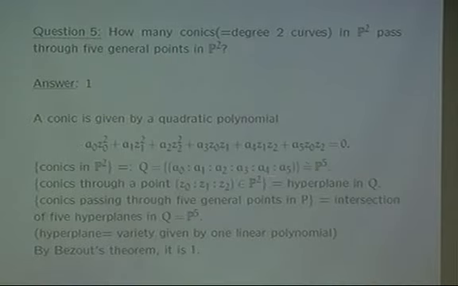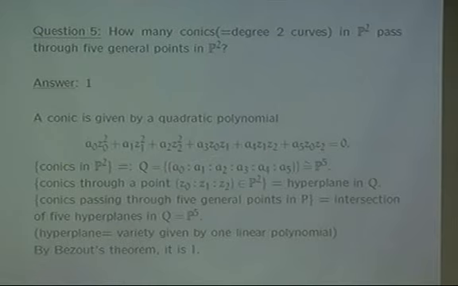So it's P5. Now you think about the constraints. The constraint is that the conic should pass through five given points. Let's think about just one point, z0, z1, z2. Then z0 squared, z1 squared, z2 squared and so on are constants now, and a0, a1, a2, a3, a4, a5 are variables.